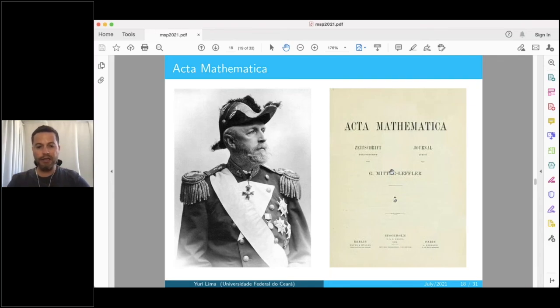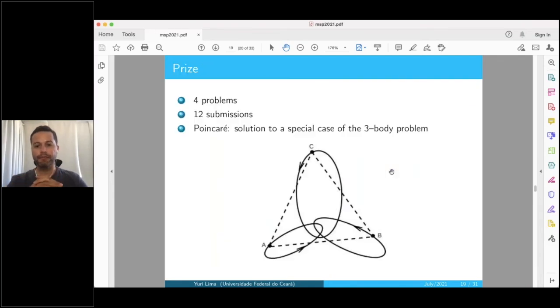So what did the prize consist of? The prize consisted of 4 problems. Each person who wanted to try to win the prize had to write about one of these 4 problems. You didn't need to write about all of them. You chose one of them, okay? And among the 4 problems, one of them was exactly the stability of the solar system.